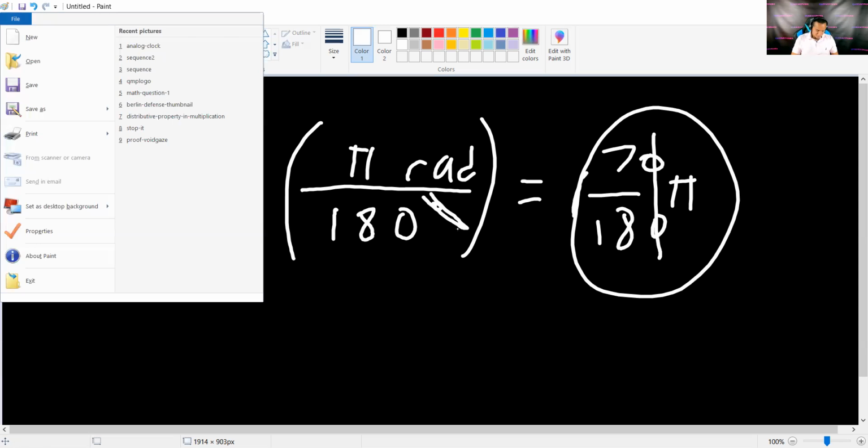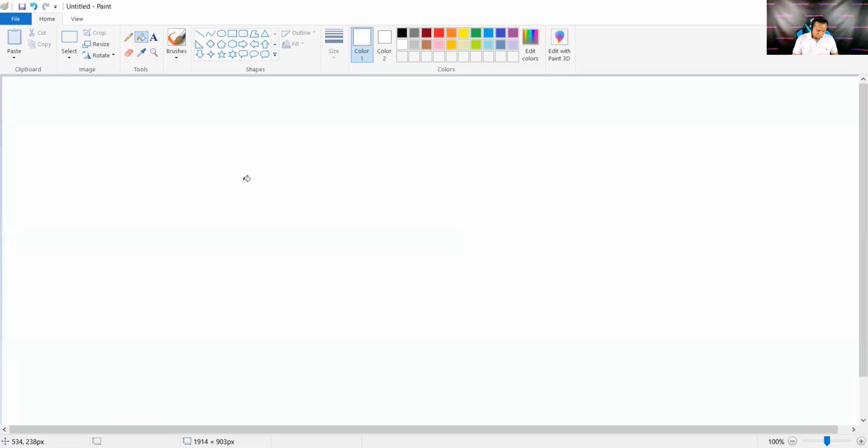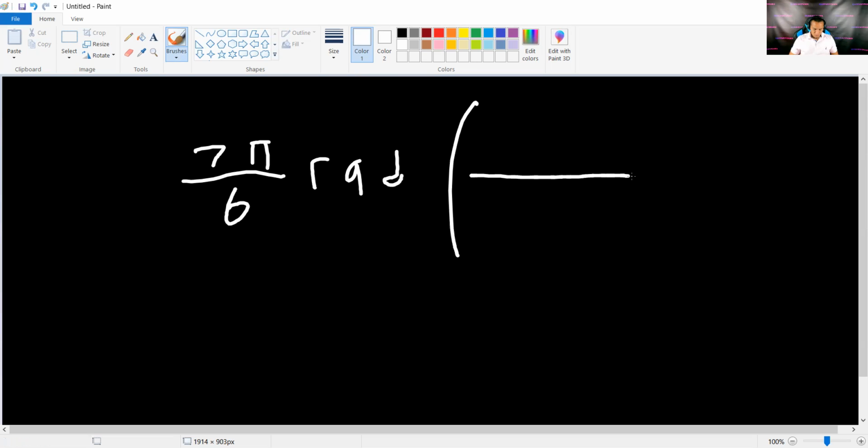Let's say that you want to go the other way around now. Let's say that you have this instead: 7 pi over 6 radians. And you want to convert that to degrees. Well, you put the unit you want to get rid of on the bottom. That's radians.